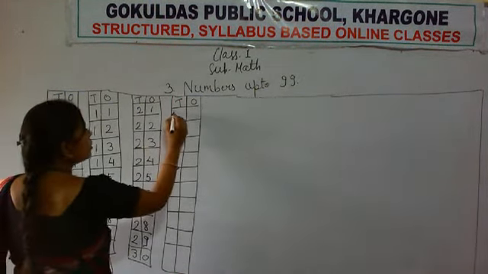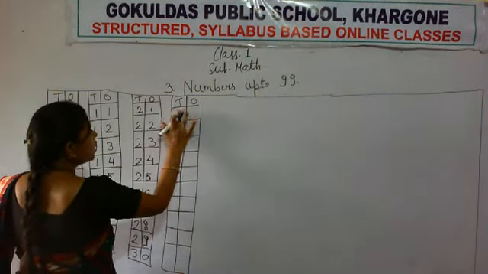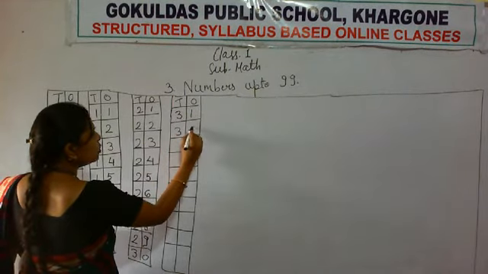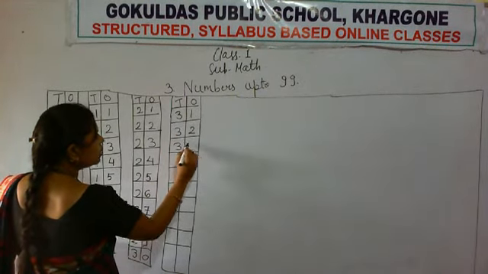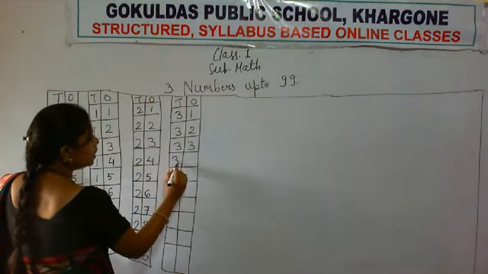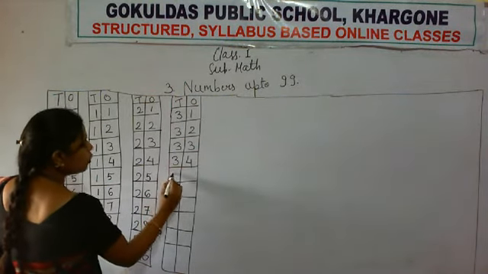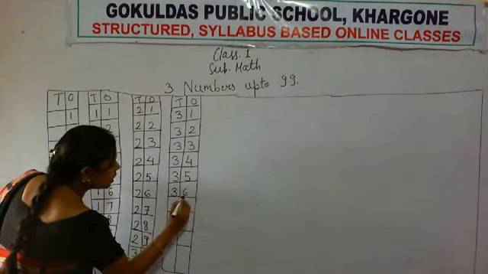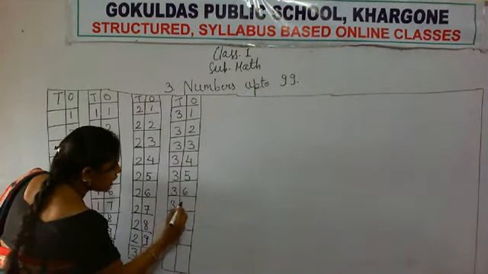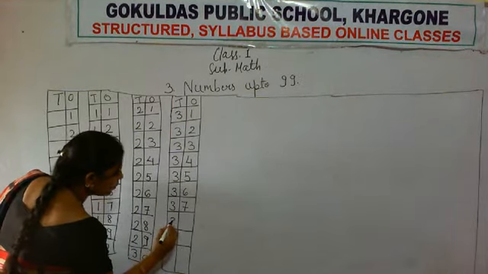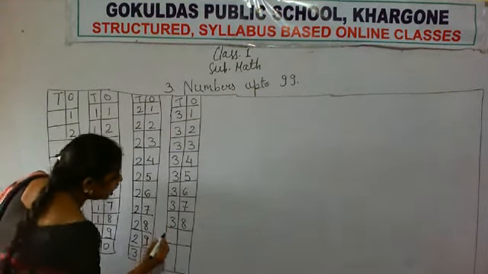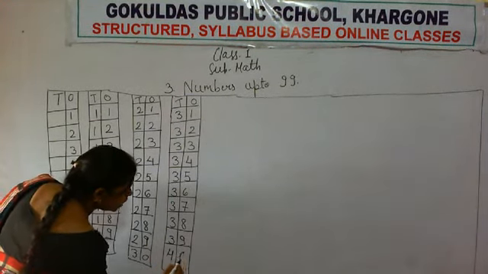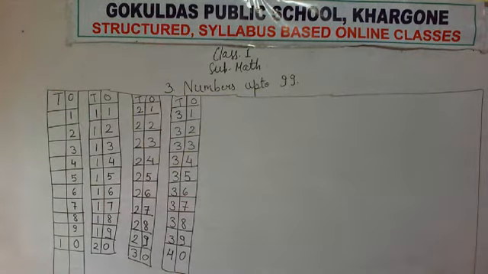So from which number do we start? 3, 1, 31, 3, 2, 32, 3, 3, 33, 3, 4, 34, 3, 5, 35, 3, 6, 36, 3, 7, 37, 3, 8, 38, 3, 9, 39. After 39 is 4, 0, 40.